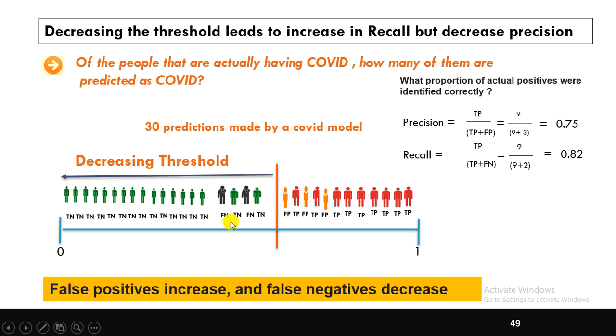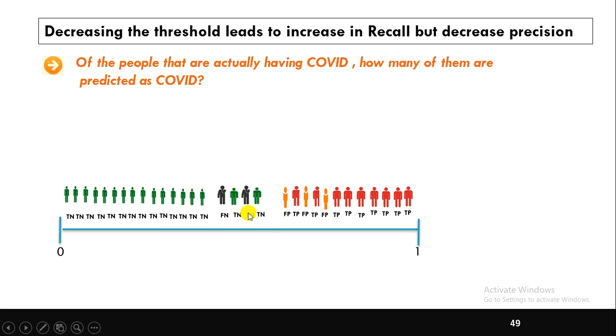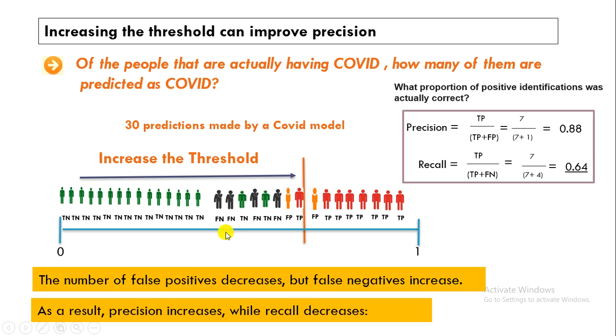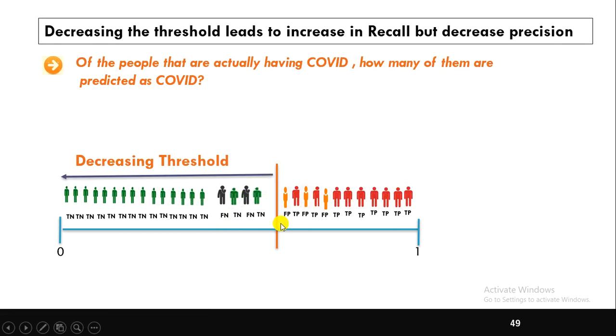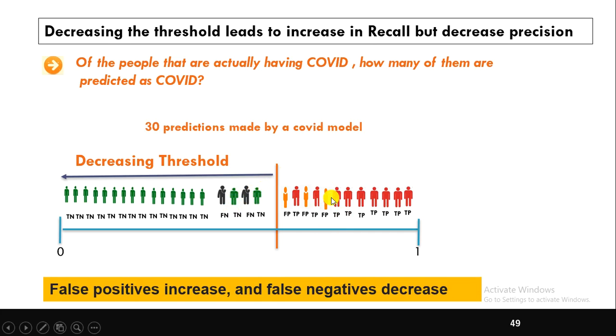Look here, in the previous case 4 false negatives were there. But in this case, since you drag this towards the left side, 2 false negative people got moved to the right side, hence they became true positive. And false positive also increases in this case because the good people also moved to the right side.